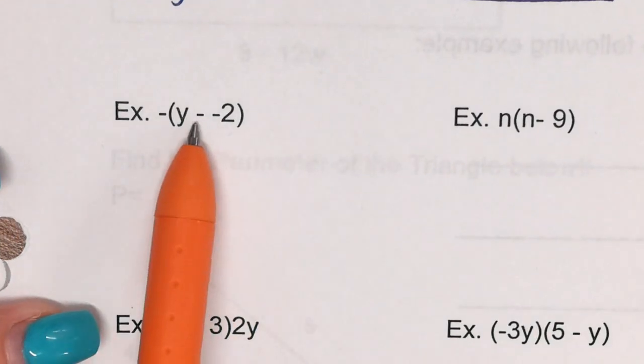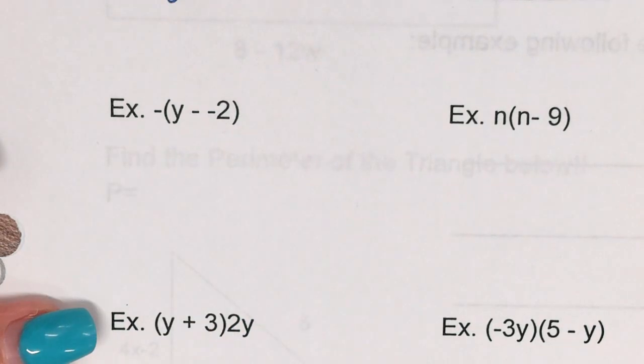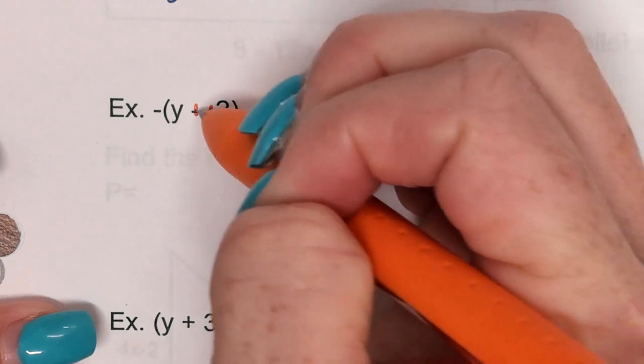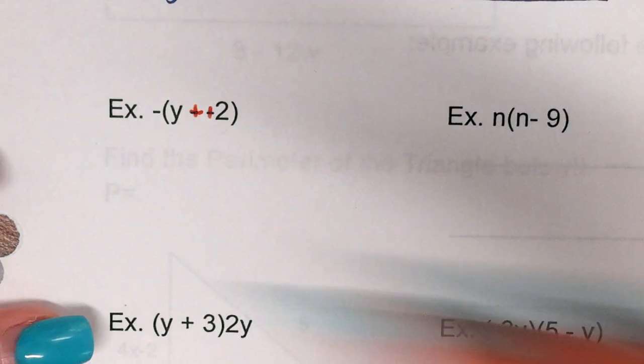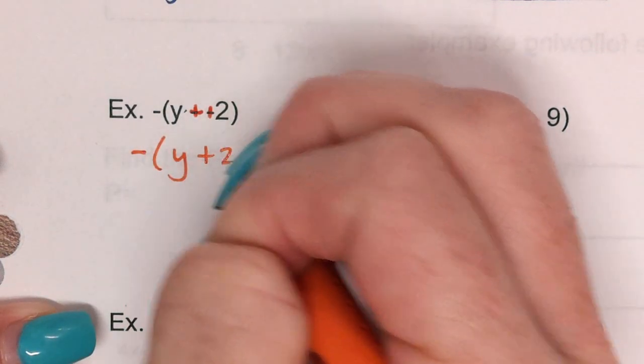Do you need to deal with anything in the parentheses first? Yes. What do I need to do? Change. So I'm going to change. So what did it actually become? A +2. So I'm just going to rewrite it. Negative and then y plus 2.